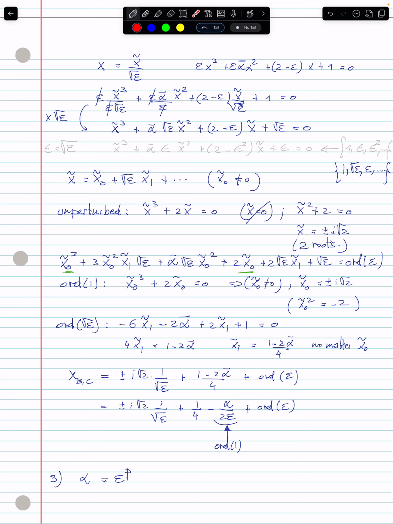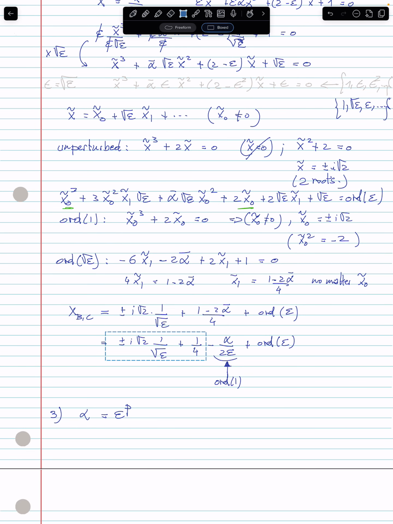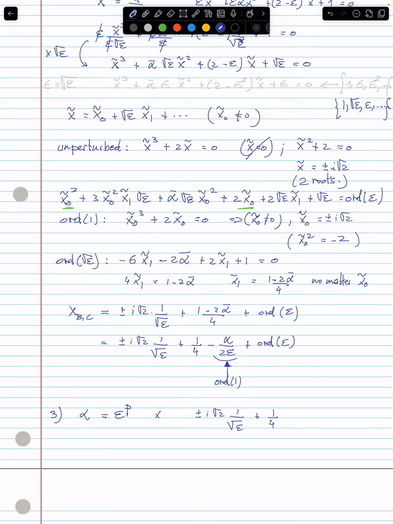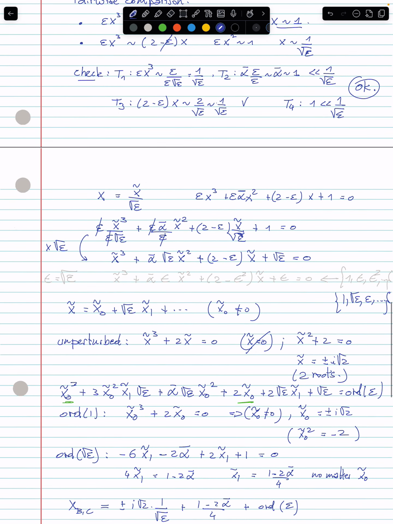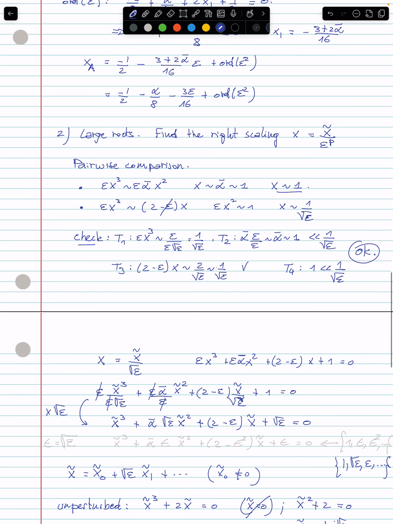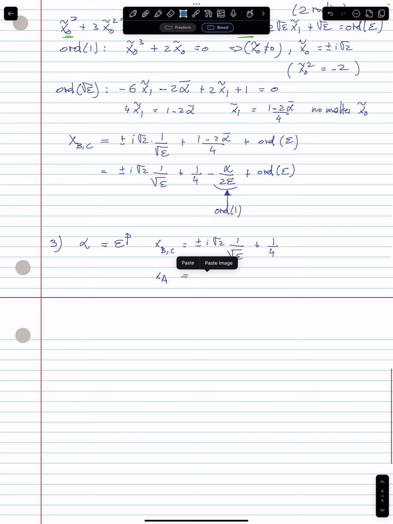All right, so in the last part of the question, the solution actually is just equal to that. All right, so x_b, x_c is equal to that. And to be complete, x_a, which was computed here before, copy and paste.